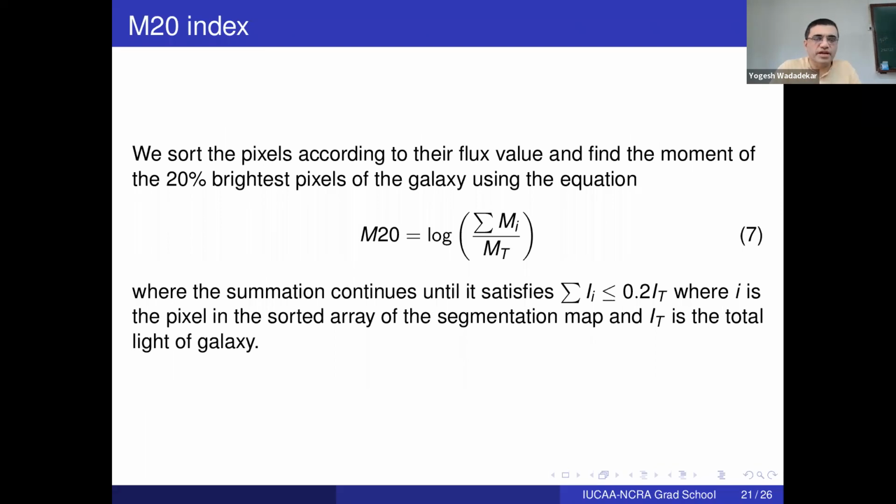Then, to measure the M20 index, we sort the pixels according to their flux value and find the moment of the 20% brightest pixels of the galaxy using this equation, where the summation continues until it satisfies II less than 0.2 IT, where I is the pixel in the sorted array of the segmentation map, and IT is the total light of the galaxy, till you contain 20% of the total light of the galaxy.